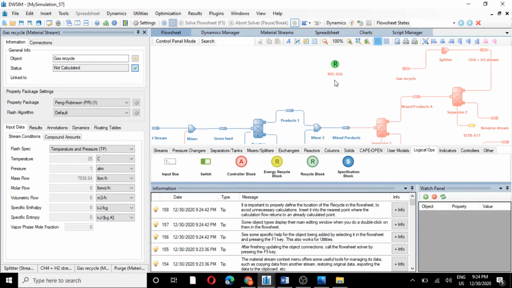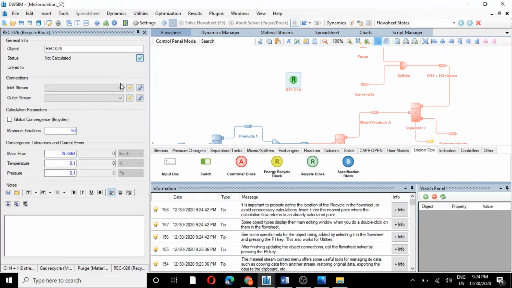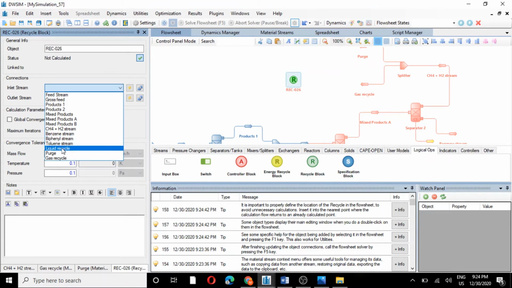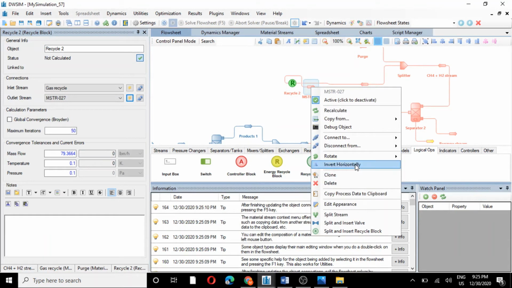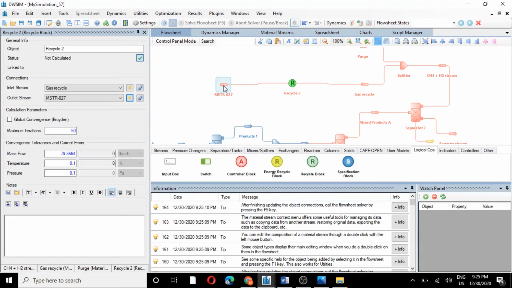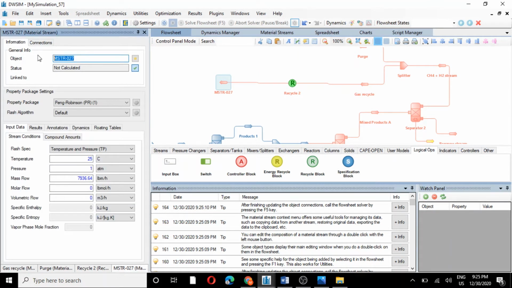Again, the inlet stream is our gas recycle. Just gonna invert this and click this again. Recycle 2, and an outlet stream. Also invert horizontally, and this one we'll call our gas 2. Okay.